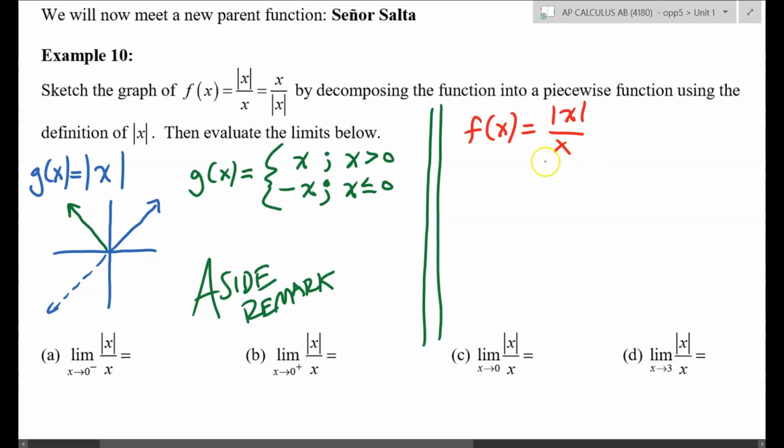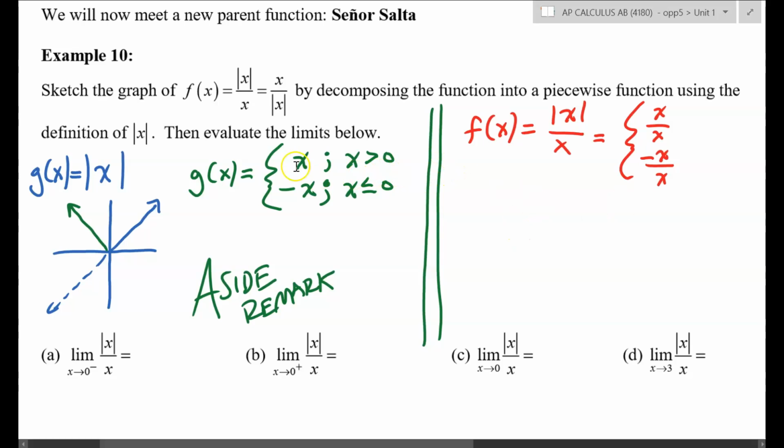In other words, this is the same as the piecewise function. I have two rules: one rule for x and one rule for negative x. So I'm going to say I have x over x, or I have negative x over x.